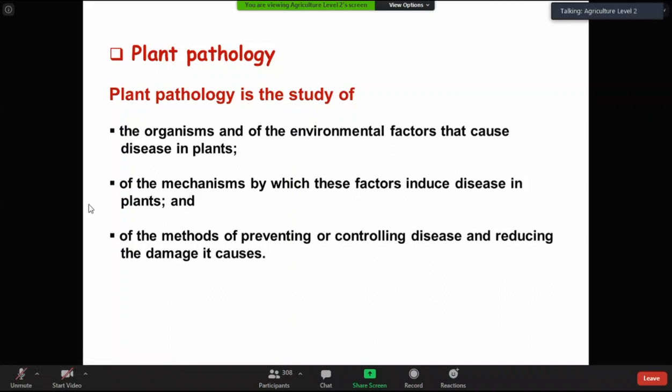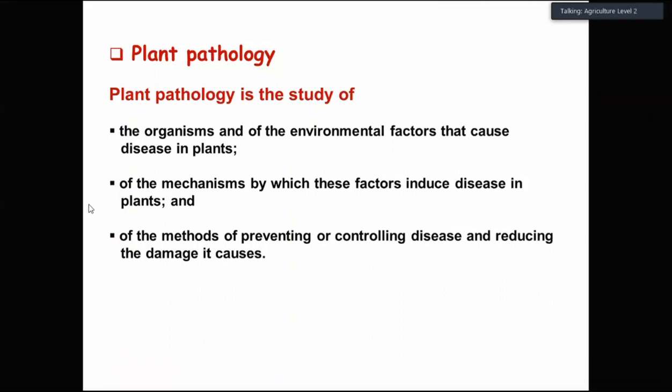So it is the study of organisms and environmental factors that cause disease, and the mechanism by which these organisms induce or cause disease. And finally, the methods of how we can control or manage the disease.